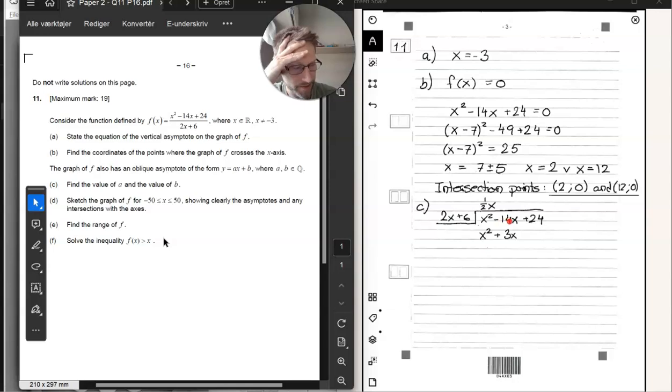3x. And then we take the difference, we subtract this from what's above, and what remains is actually minus 17x, and we still have the plus 24. So again, we ask how many times does the divisor divide the remainder that we have here, and the answer is minus 17 over 2, because when we multiply 17 over 2 on this with a minus, we get minus 17x.